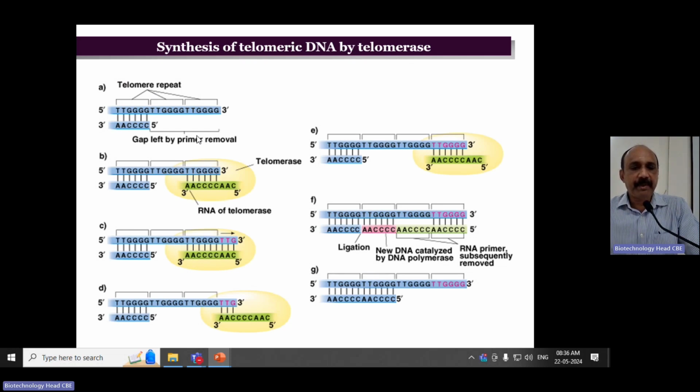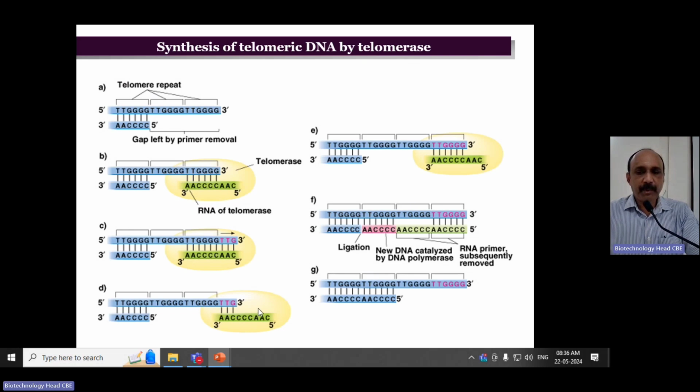This is the gap left by the primer removal. Telomerase has an RNA inside, which acts as the template. When this adds to the end, there will be a closure, adding of nucleotides to these ends. It attaches to the nucleotides with the 3' to 5' as the template and 5' to 3' as the extension.